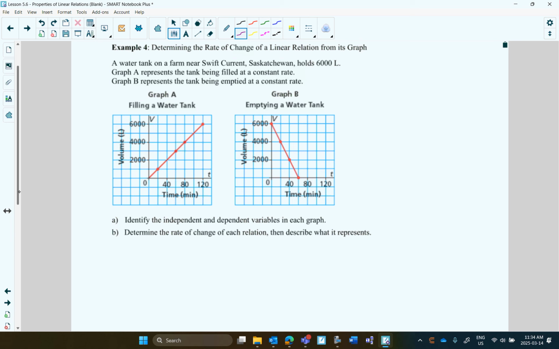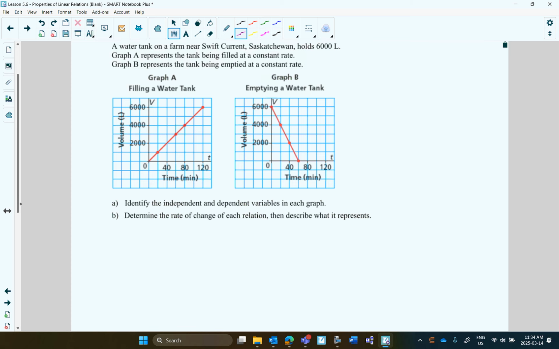Yes, because if you look at the graphs, they form a line. Notice these ones are connected. Why are they connected? Because you can have part of time, part of a minute, part of a liter. That's why they're connected, whereas the ones we did with pizza toppings weren't connected because you couldn't have part of a topping.